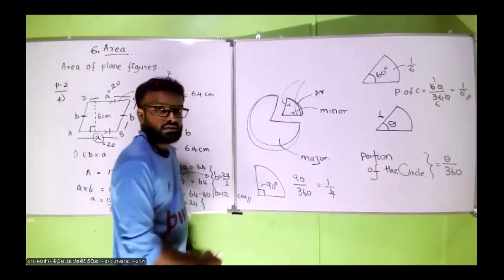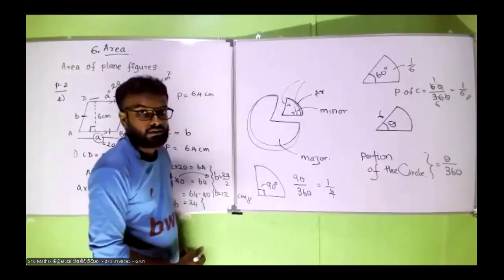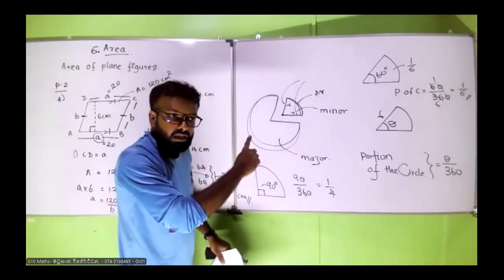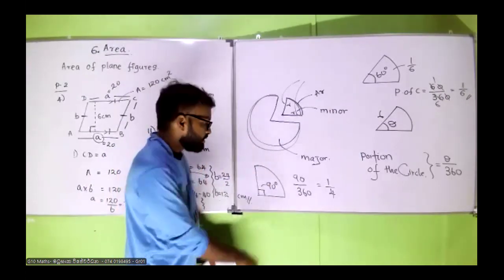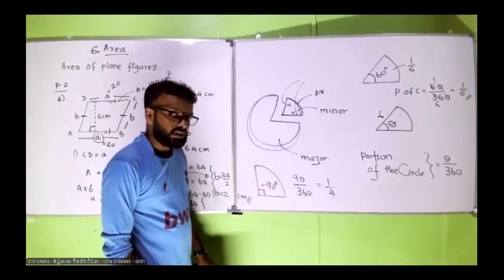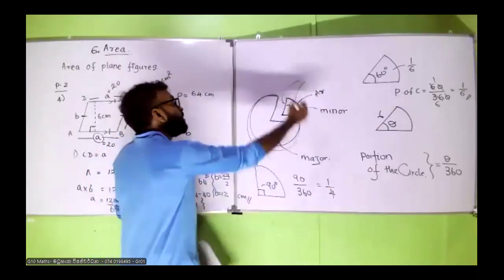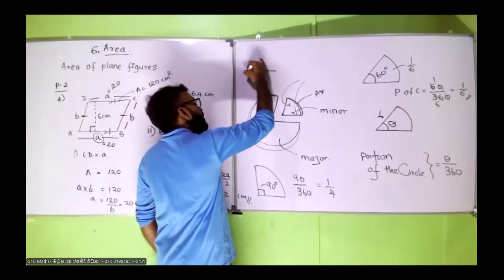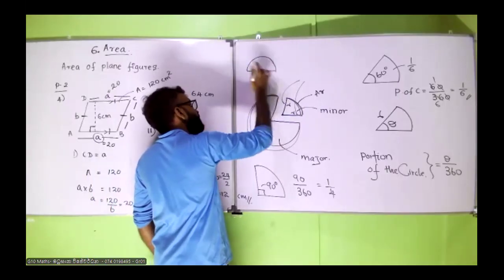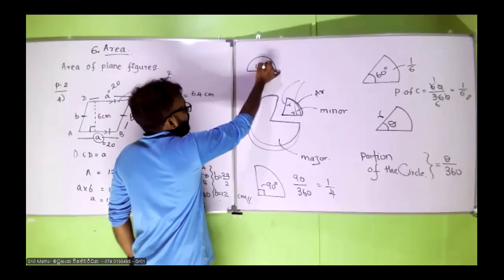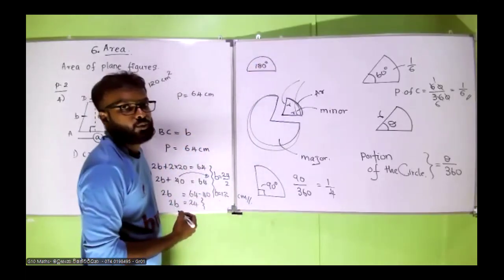This is a part of a circle. If we divide our circle into 4 equal parts, this is 1 part, so 1 upon 4. If we have something like this, what is the portion of the circle?